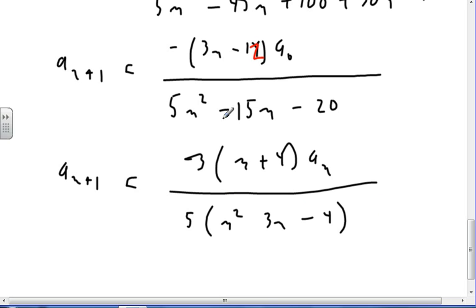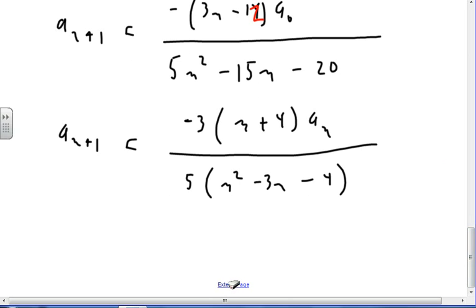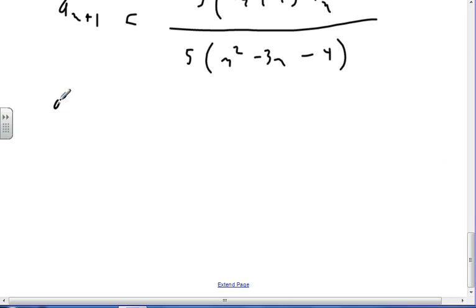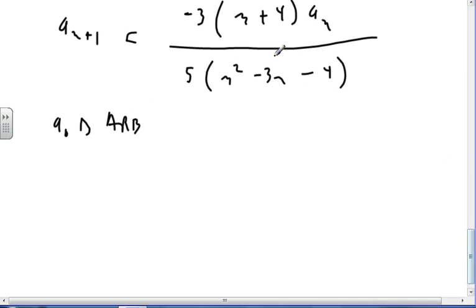Okay, I bring out the 5, 3, 4. Now I've got an n minus 4, n plus 1, and I still can't factor. Bummer. All right, so I can't factor, but at least I have something that's halfway decent. Okay, so that being the case, A0 is arbitrary. This is for all n greater than or equal to 0.